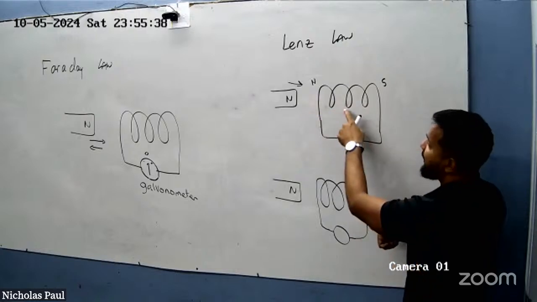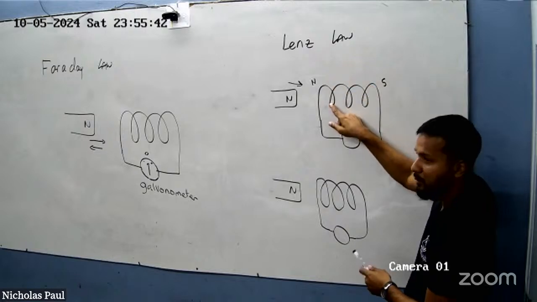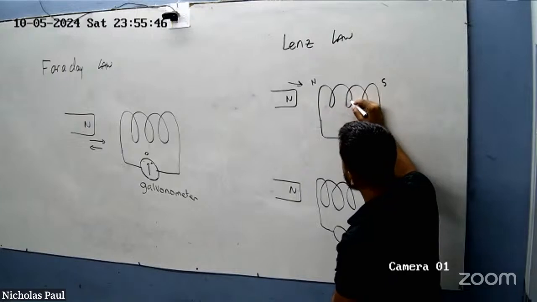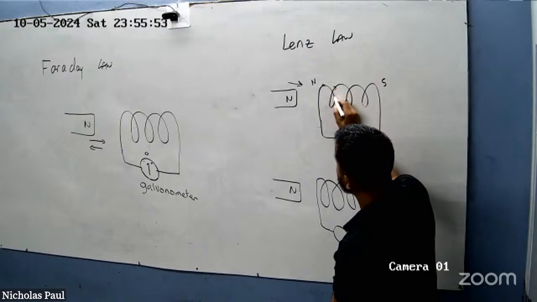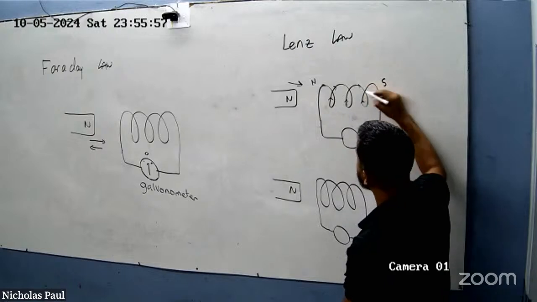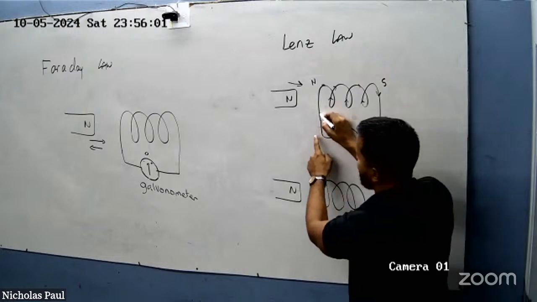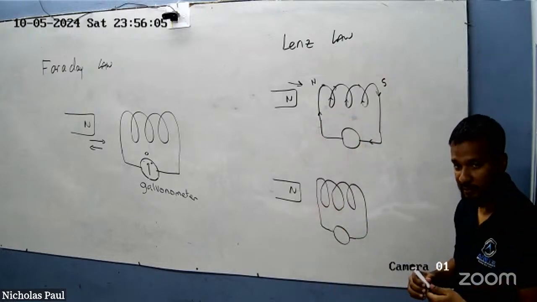So how do I show that here? It's going in at the top and coming out at the bottom. You're seeing that? So it comes out here, goes this way, and goes this way. Eyes up. Seeing that? You sure?